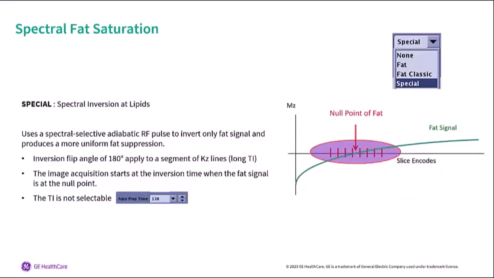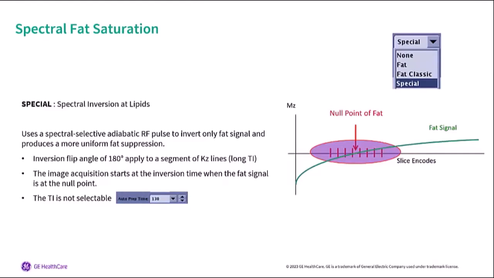The other option for spectral fat suppression is the SPECIAL. So SPECIAL stands for spectral inversion at lipids, and this technique uses a spectral selective adiabatic RF pulse to invert only the fat signal. It starts by applying an inversion flip angle pulse of 180 degrees to a segment of k-space lines with a long TI.